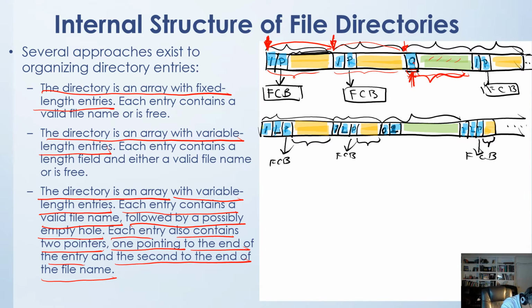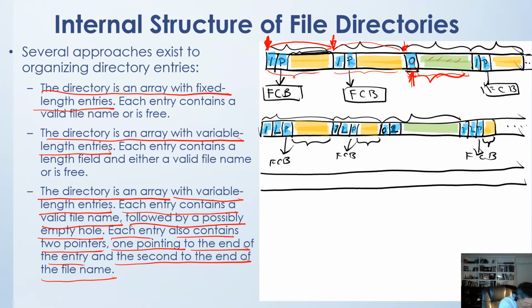Oh, we forgot the second case now. To search for a file, first start from the beginning, and then you look at the L, the length of the entry, and the length of the entry is going to point you to the end of the file name.